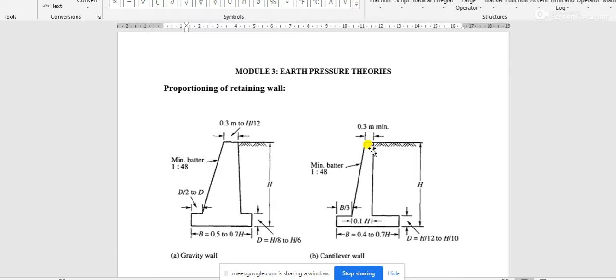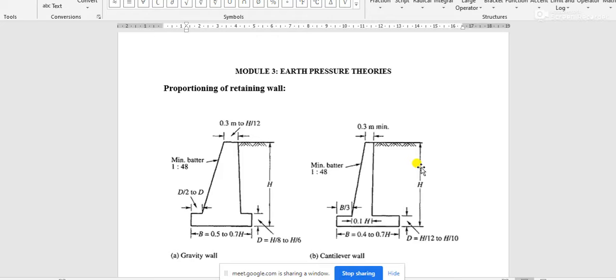That structural design is not very important in the context of geotechnical engineering, but the stability, that means whether the retaining wall can withstand the earth pressure coming from the backfill soil or not, is the main topic to discuss. Okay, now, coming to the proportioning of the retaining wall.